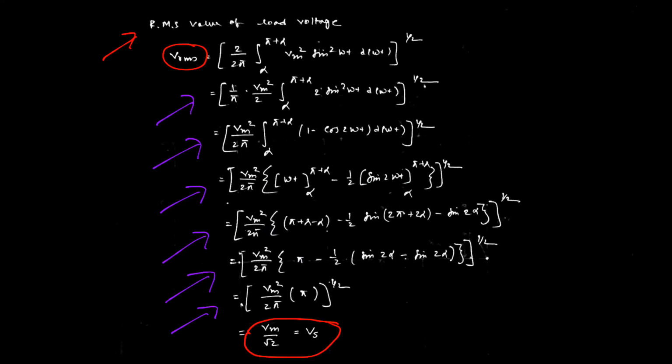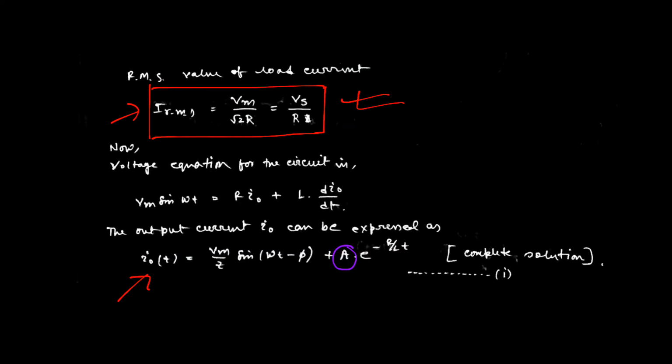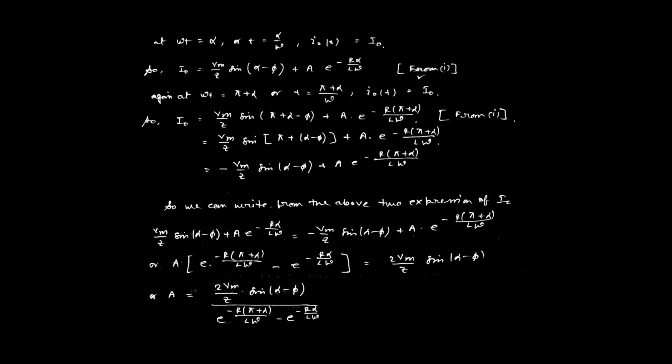So we can write the expression to satisfy the boundary condition at omega t equal to alpha. The output current expression is I0 equal to Vm by Z sin(alpha minus phi) plus A into e to the power minus R alpha by L omega. That is from the first expression.